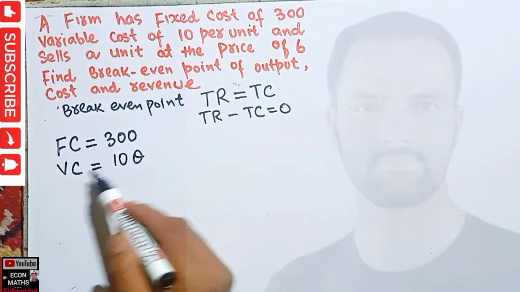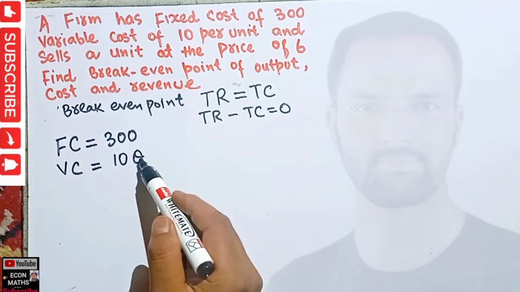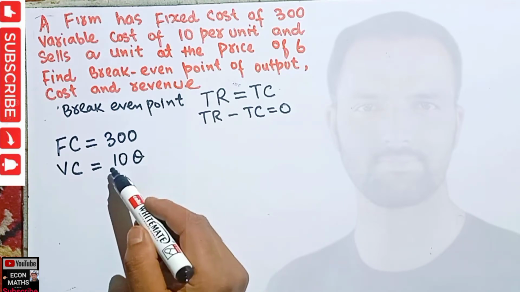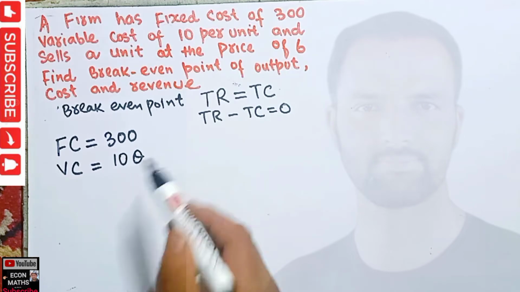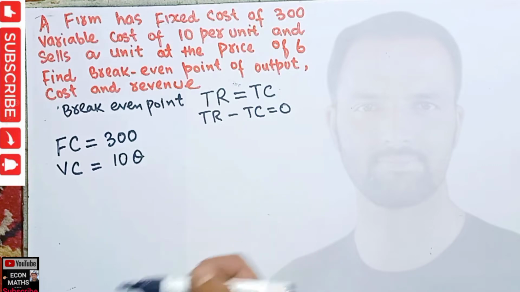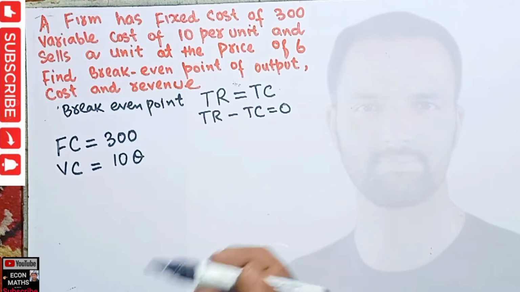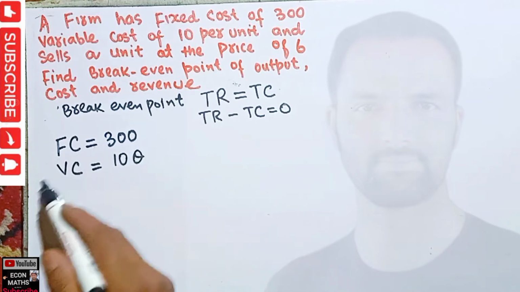If Q is equal to 2, variable cost will be 10 into 2, that is 20. And similarly, if Q is equal to 5, variable cost will be 10 into 5, that means 50. It depends upon the output level, and fixed cost is independent of the units produced.